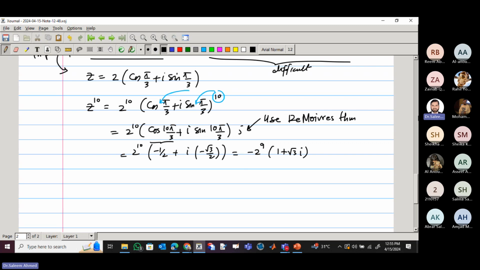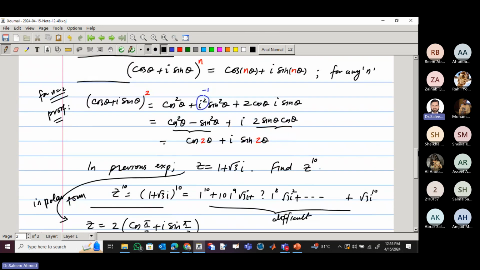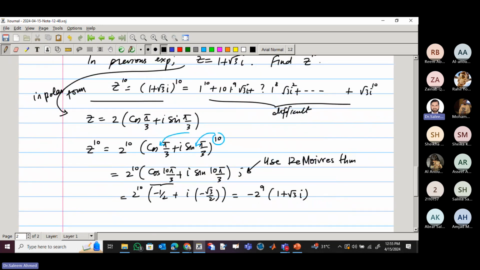If you want, you can check what I did here. Or maybe you can take the square because square is easy. Then you can go to Z4, which is multiplying square with square, and then multiply Z4 with Z4 and get Z8. And then at the end, you can get Z10 by multiplying Z8 with Z square.